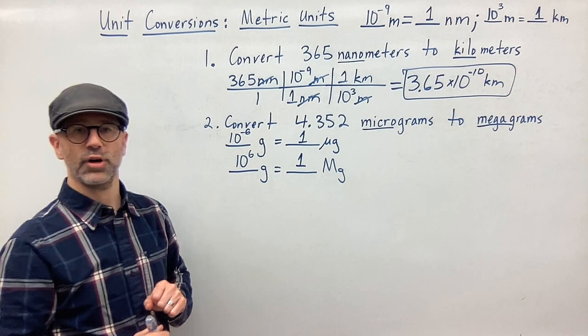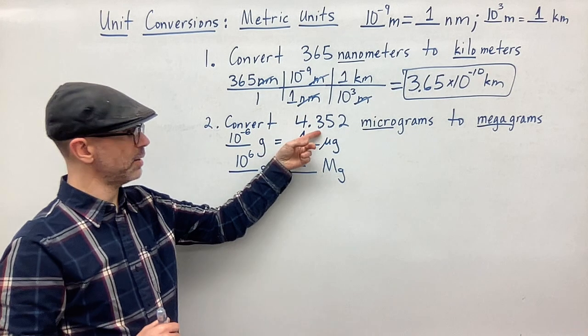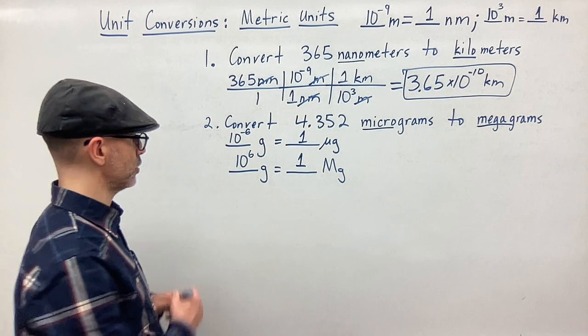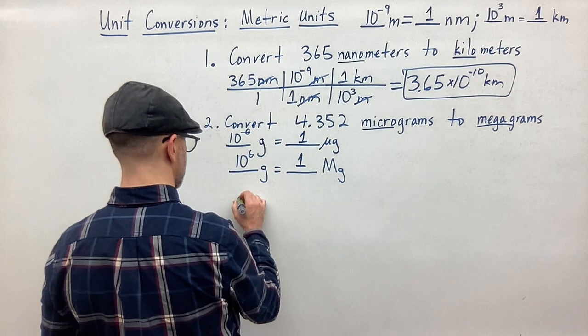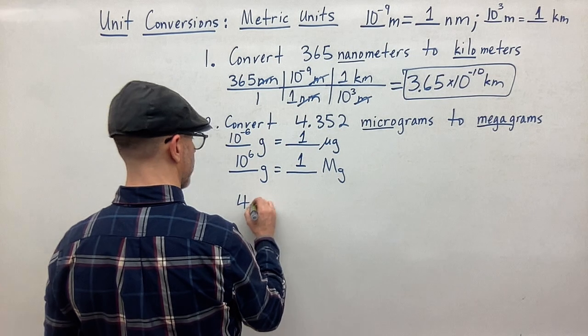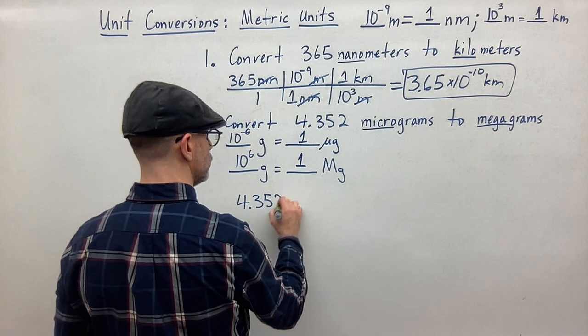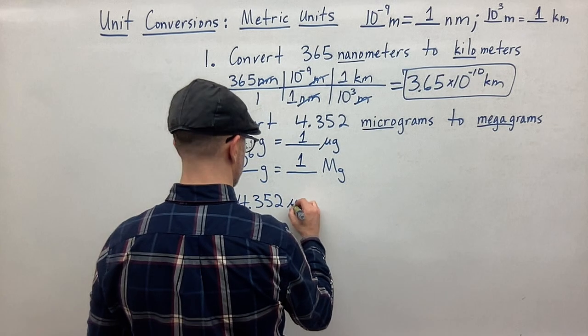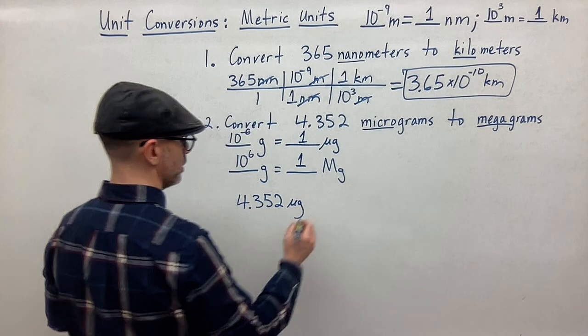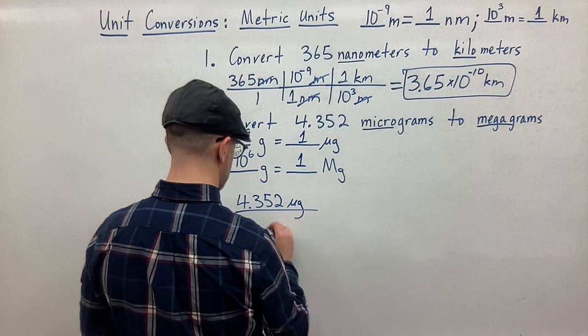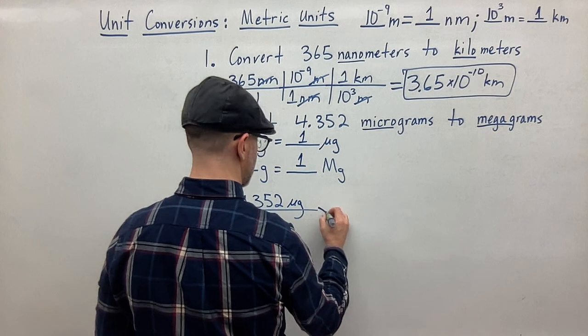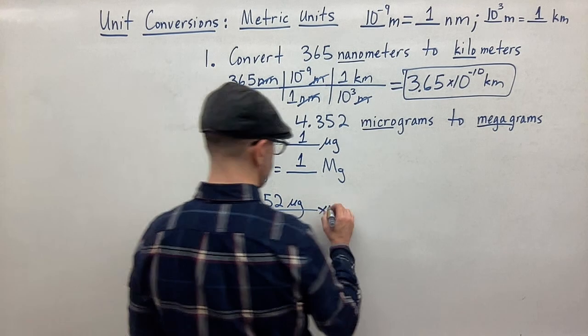And now I can convert this many micrograms to megagrams. So we start with our number, 4.352 micrograms over 1. And this time I'm going to use the multiplication way.